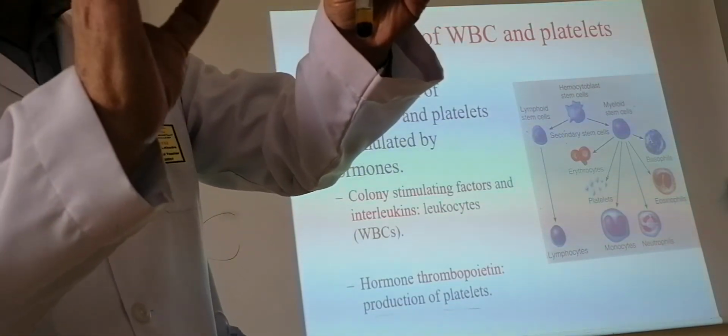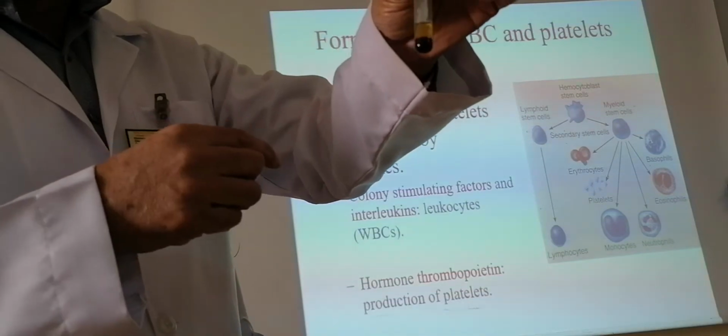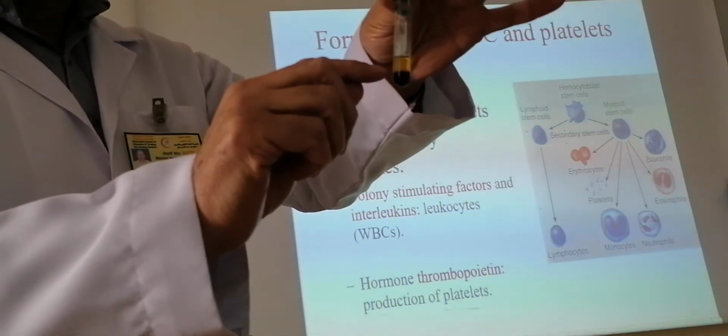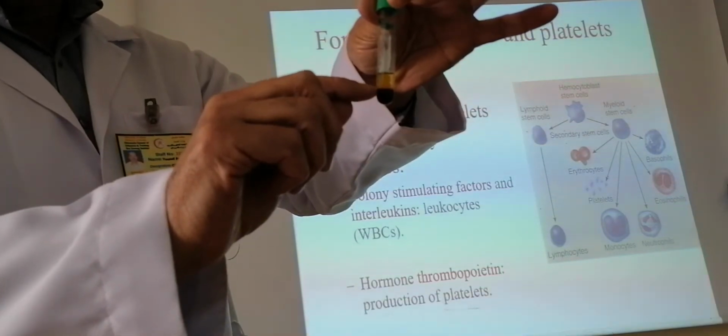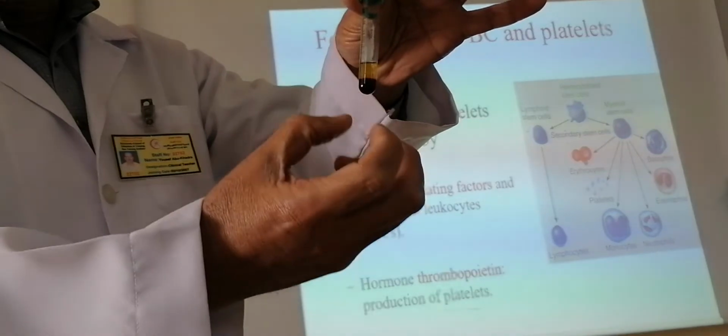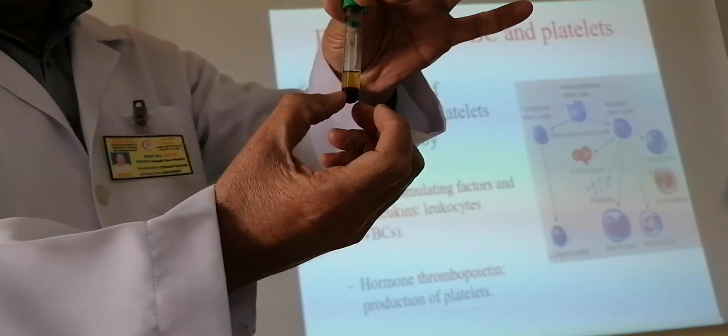I know that you will not be able to see it, so I will pass that tube to you in order to see it properly. The buffy coat of white blood cells is between the plasma and the red blood cells and the other cells and the platelets.